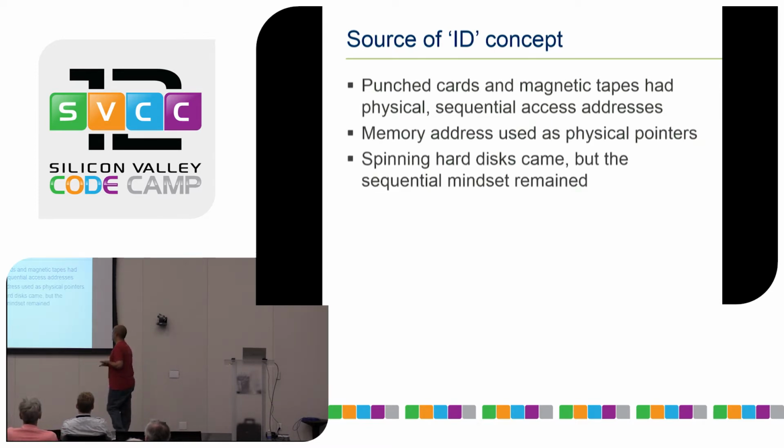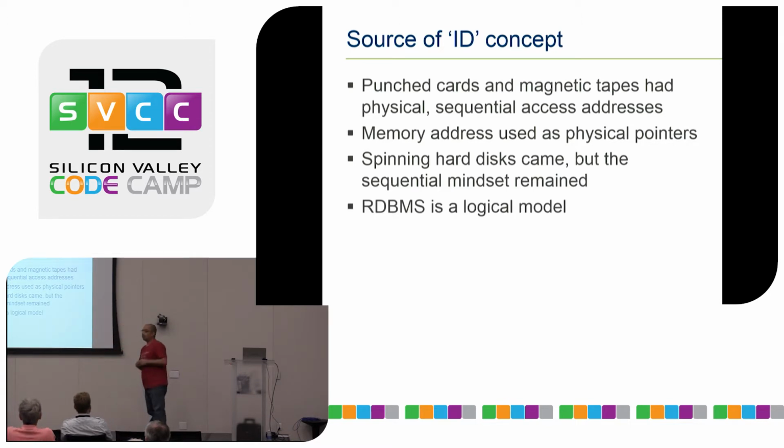So memory addresses, but even when spinning hard disks came, and we could have pretty much random access, not to mention SSDs, people still had the sequential mindset that said everything must have a pointer, everything must have a handle, that's the only way I can access pieces of data. But that is not the case with a relational model.